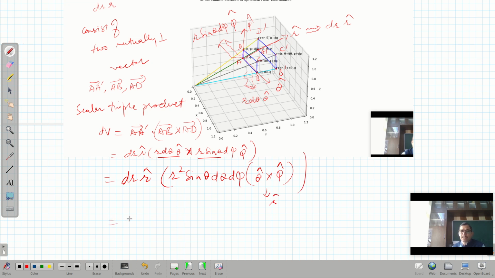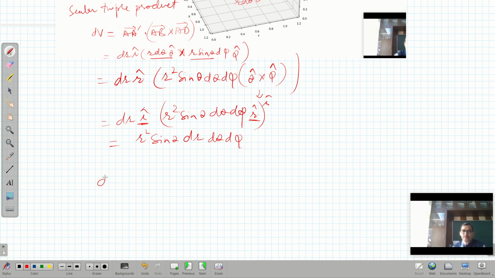So it can be written as dr r cap and r square sine theta d theta d phi r cap. This is r cap, this is r cap, so their dot product will always be unity. So it can be written as r square sine theta dr d theta d phi. Thus the small volume can be written like this.